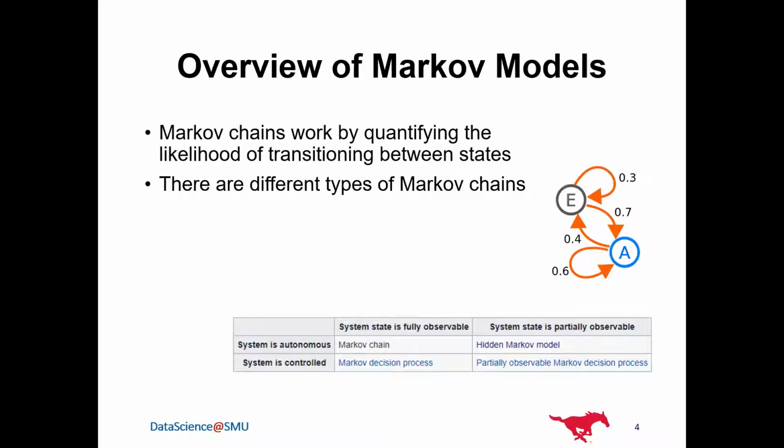So an overview of what a Markov model is. Markov chains work by quantifying the likelihood of transitioning between states. There are different types of Markov chains. If you look here, there are two states, and it can give you the probability of transitioning into another state, like 70% or 40%.